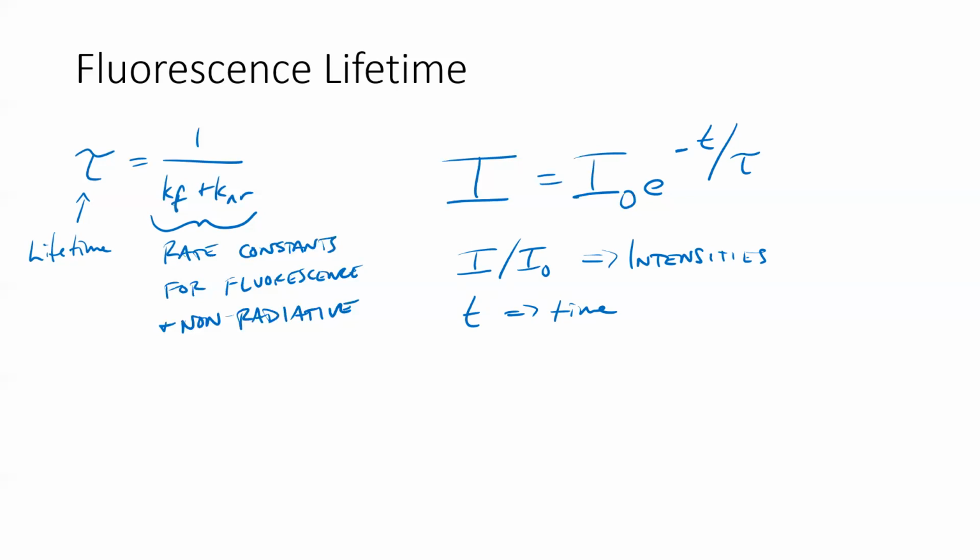And so how we would determine lifetime using this equation is we would have our excitation source on only for a brief period of time, right? If we're using laser sources, there are pulsed lasers that have times of 5 nanoseconds, some are even shorter.